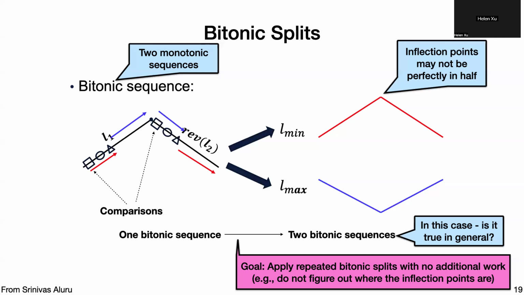If you remember initially in the sorting networks, you swap the elements, but we're not actually doing any additional work besides swapping. We are not actually reversing the sequences. We are not doing additional sorting. We're not ever figuring out where the inflection points are because that is too much work. And I think that's kind of cool actually, because it seems like you would have to do additional work.